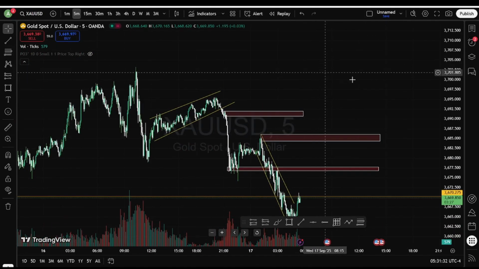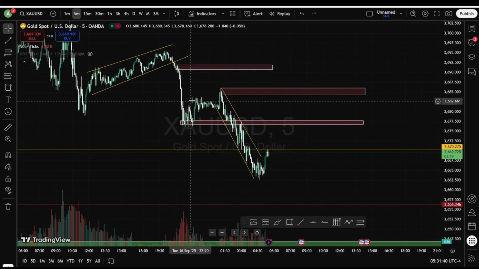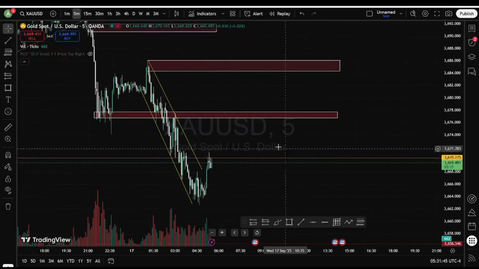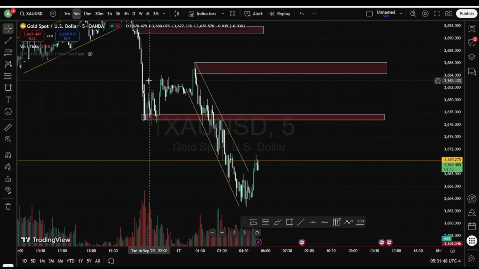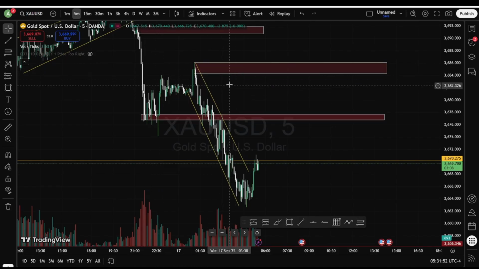If price rejects this, we can see buyers are already in loss here. So what will buyers think? It will come back to this zone or this zone to close those buy trades at break even.